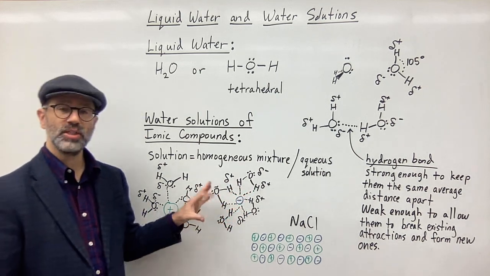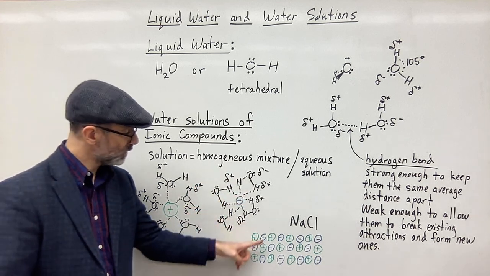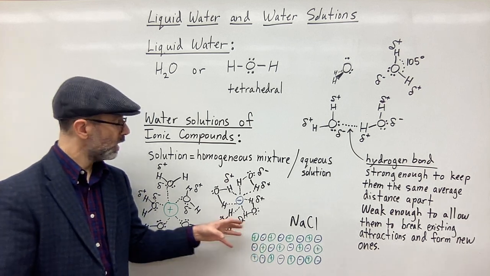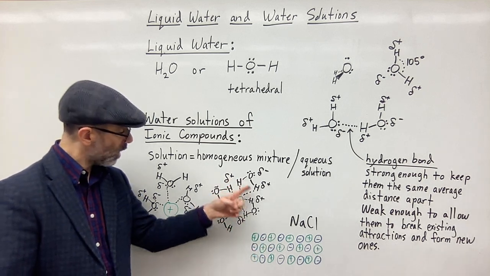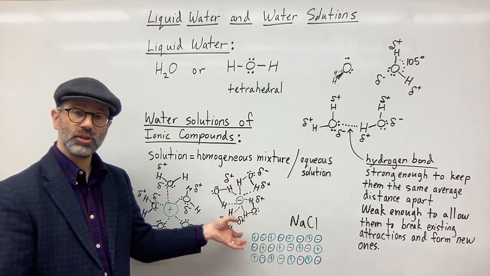And what that's going to do is the water molecules are going to start to disrupt the attractive forces between the ions here and start to pull the chloride ions out of the crystal structure.